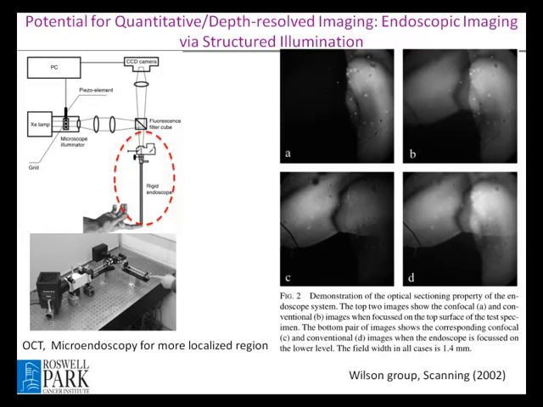They applied a rigid endoscope and showed the feasibility on their finger, so in a laboratory environment. This is the scanning 2002. They looked at, I think, about a 1.4 millimeter depth of field so that they can focus at different depths. So this is the regular imaging versus the modulated imaging.